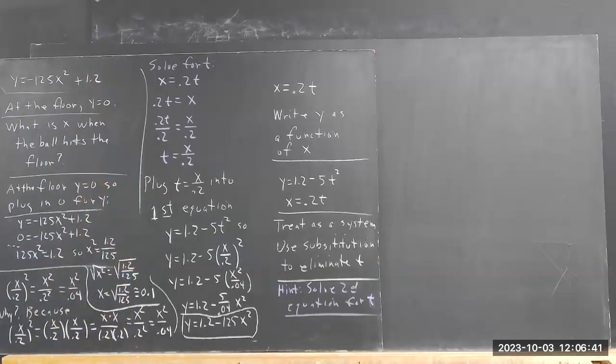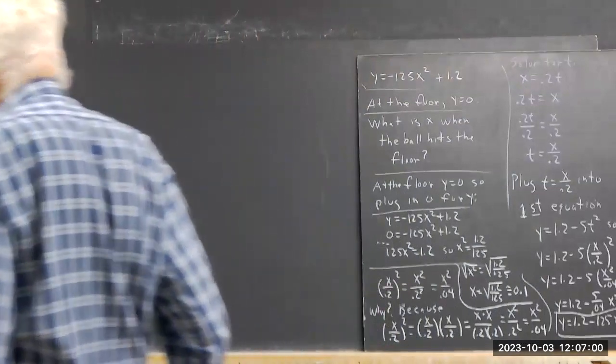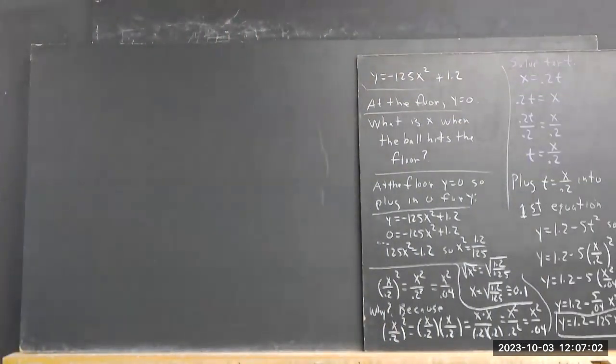So we can answer questions like that, but this should serve as enough of an introduction to allow you to think about problems of this nature. Okay. I want to do another example.